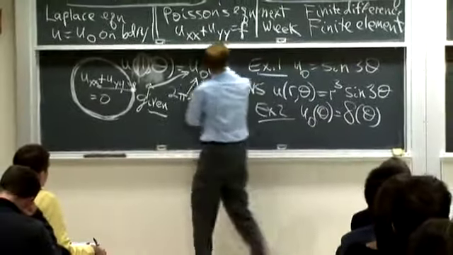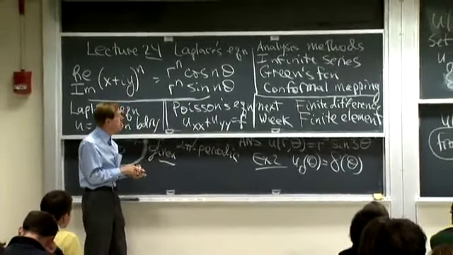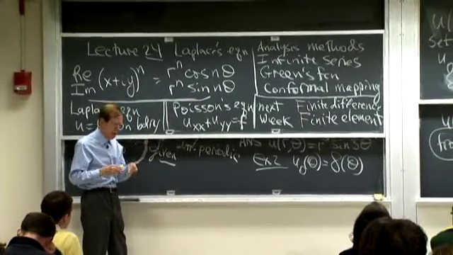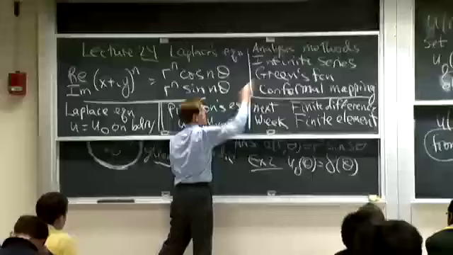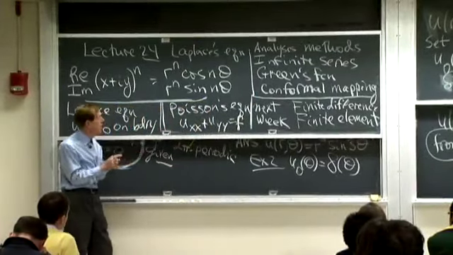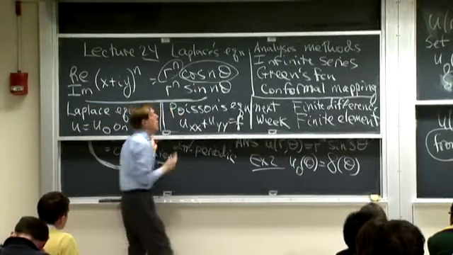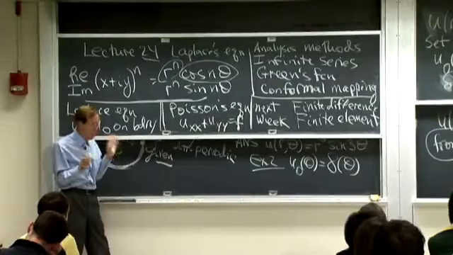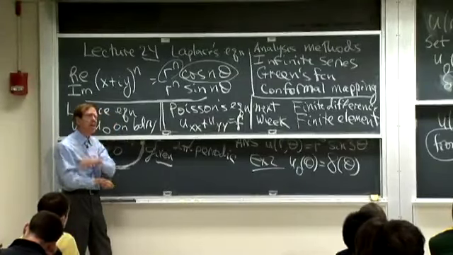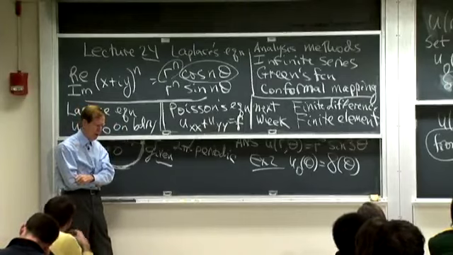I should use the words separation of variables. Separation of variables is the golden idea in this analysis stuff. Separation of variables means I got the R part separated from the theta part. And that worked great for a circle. Let's see, maybe for a square I could try to separate x from y.